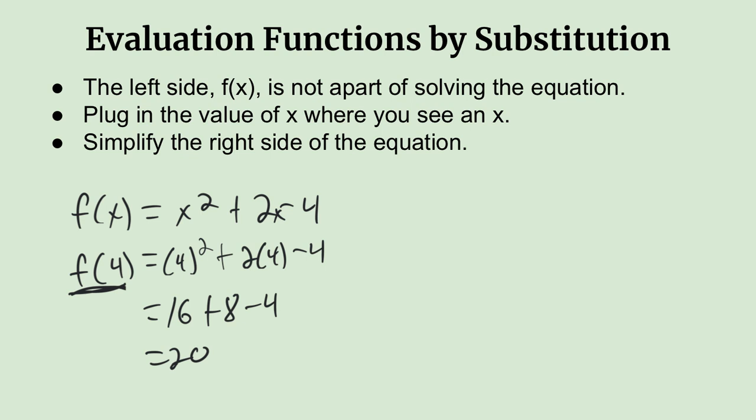2x minus 4. So you can plug anything in and get something out. You could plug in f of sine of theta, and you would get sine squared theta plus 2 sine theta minus 4.